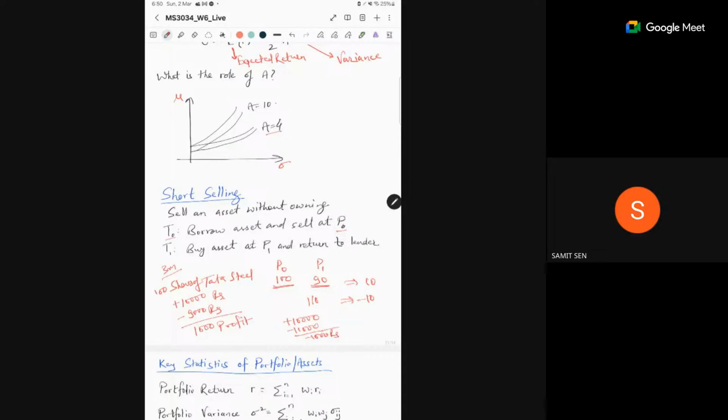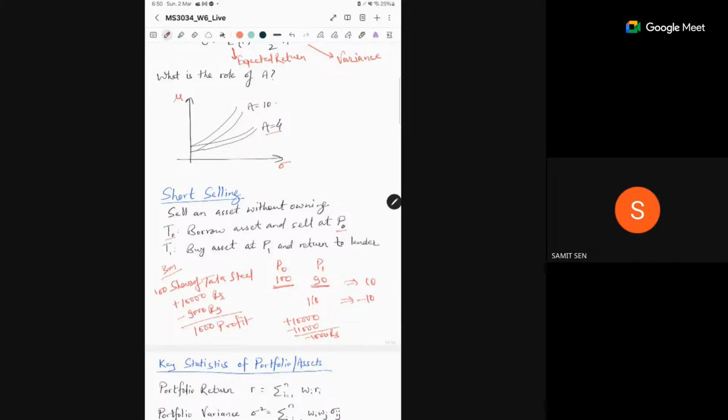Sir, just as we discussed in the question, with short selling, can I go for a long buy? Long buy means how? I mean, short selling means I sell 100 Tata shares, and after 1 month I buy those 100 Tata shares to square up my position.